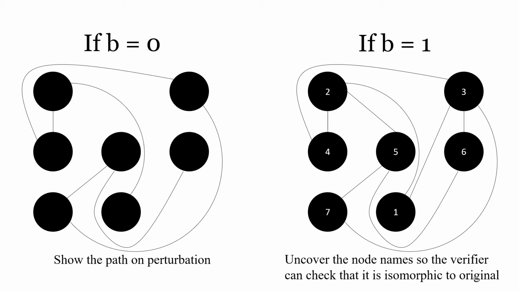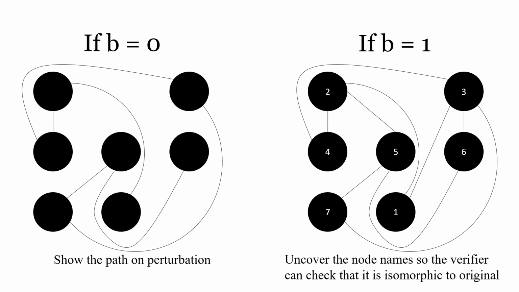Either Bob sends b equals 0, in which case we will show the path solved on the permuted graph that we sent him, proving that we do have knowledge of a path. And if Bob sends us b equals 1, then we uncover the node labels to prove to Bob that what we sent him was in fact a permutation of the original graph, which we both share.